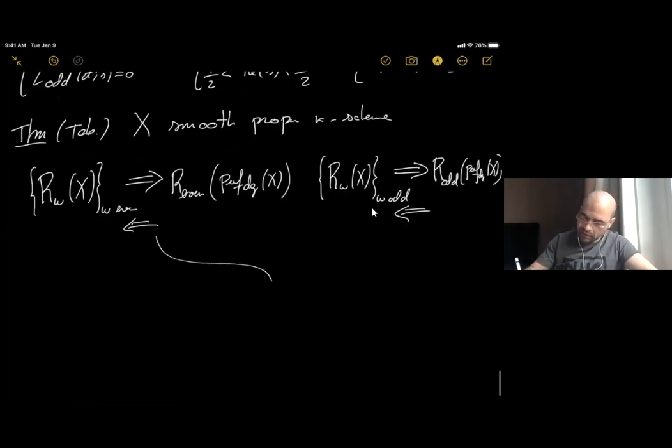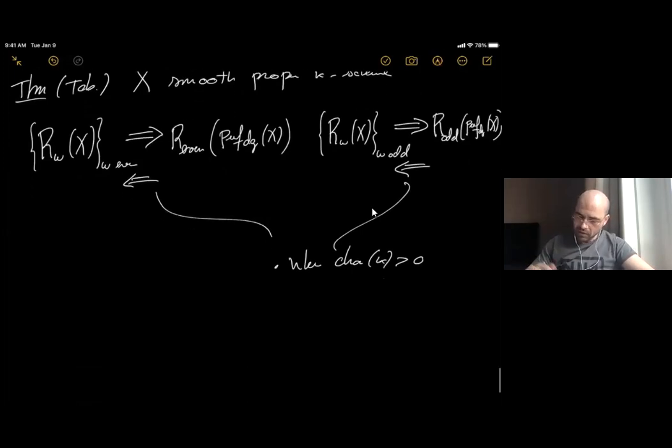In certain cases, when you are in positive characteristic, you also have the converse implication. Or if you are in characteristic 0, when these L functions that you are considering actually satisfy this condition C2.